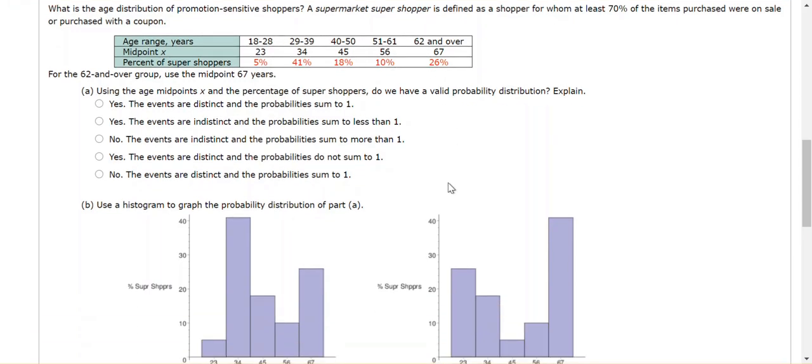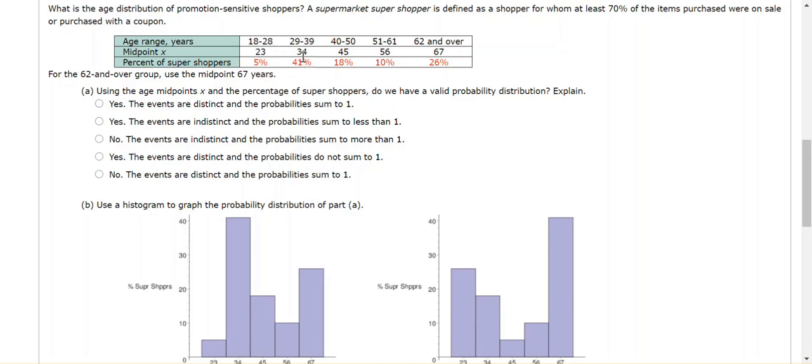So the first part says, using the age midpoints X and the percentage of super shoppers, do we have a valid probability distribution? Well, 5% of the shoppers are in the 18 to 28 group. So the probability that a randomly selected super shopper is between 18 and 28 is 5%.